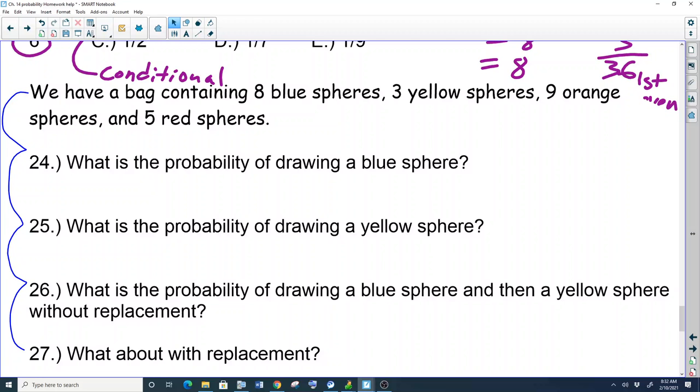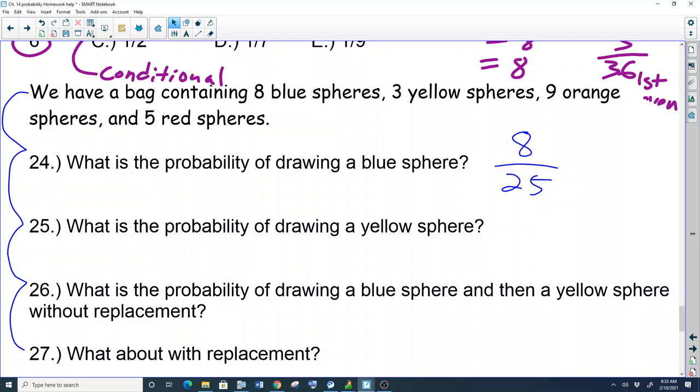Okay, we have a bag containing 8 blue spheres, 3 yellow spheres, 9 orange spheres, and 5 red spheres. So good question, Sydney. So Sydney, did you already get 24, the probability of drawing a blue sphere? There were 8 of them, right? Out of how many total spheres? 25? Because 8 and 3 is 11, plus 9 is 20, plus 5, 25.